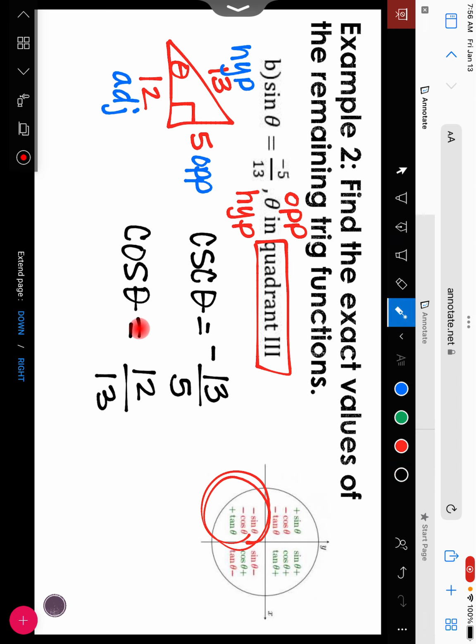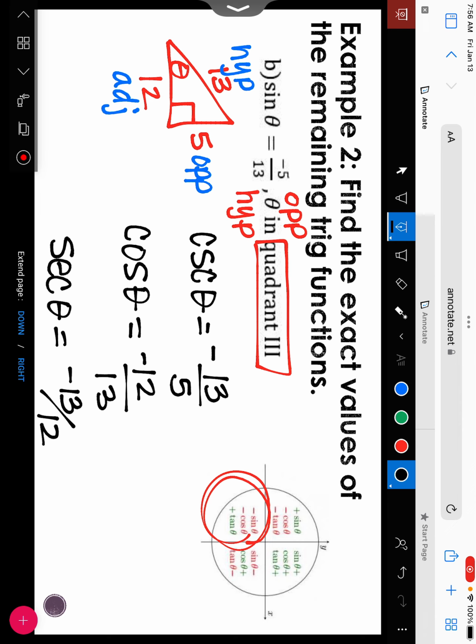Cosine is negative, so we got to put a negative in front. And then we have the secant, which is going to be negative 13 over 12. Exactly, they're reciprocals. Okay, tangent and cotangent are the only 2 that are positive.